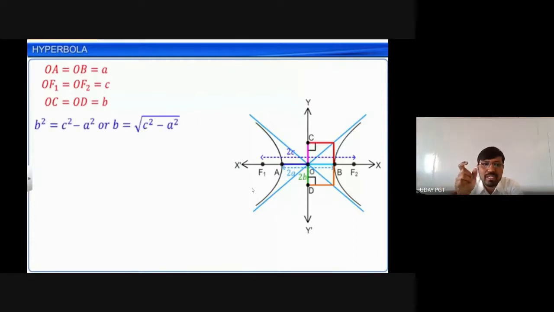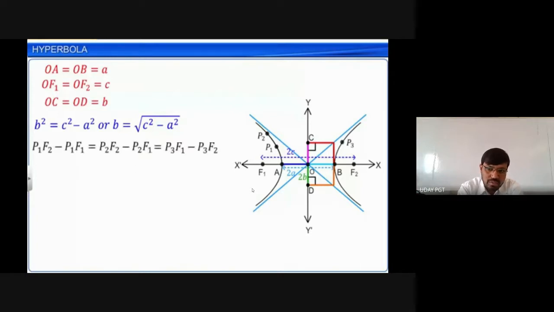But here, b squared equals c squared minus a squared, which can be written as b equals the square root of c squared minus a squared.